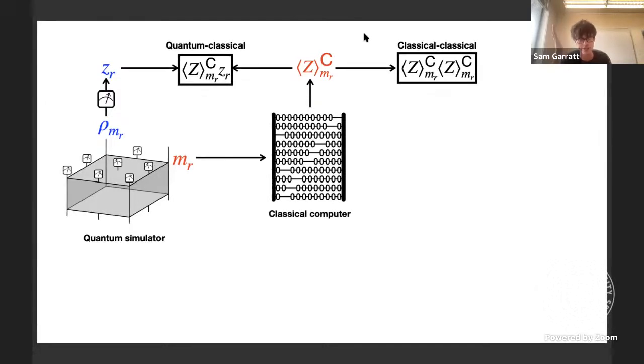So this is just diagrammatically what I was just talking about in the previous slide. Another thing I really want to stress here is that this scheme only requires classical post-processing. So you can implement all of this if somebody maybe already has some data from a quantum simulator, they've measured a bunch of qubits and they've kept track of the measurement outcomes, then that list of bit strings is enough to construct objects of this form.